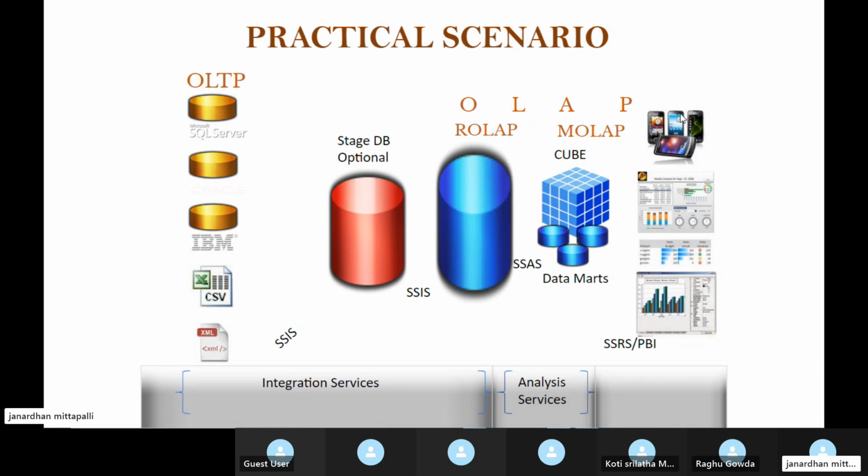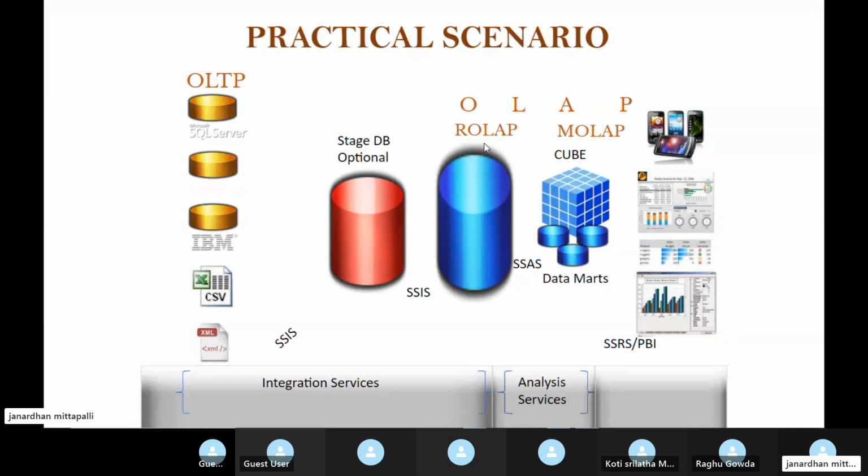And under OLAP, we have two more things that I missed yesterday, so I want to cover them here. We have ROLAP and MOLAP. What is ROLAP? Relational online analytical processing.